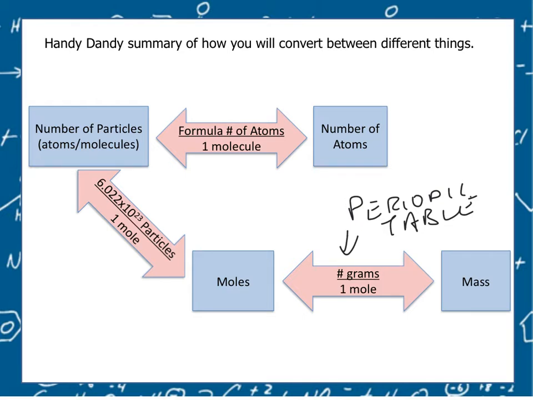So water, as my example, tells us that there are 2 hydrogen atoms in a molecule of water, or 3 total atoms in a molecule of water, depending on how I worded the question. This one, you'll notice I gave you a specific number there, and that's because, as we talked about in the definition on the previous one, there's always 6.022 times 10 to the 23rd particles in any mole.